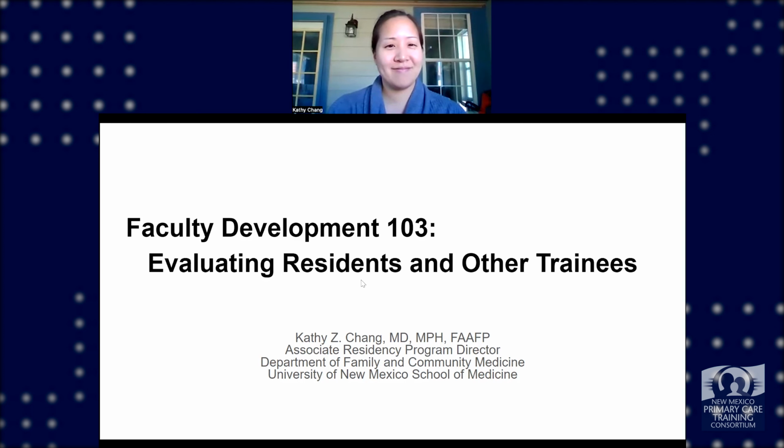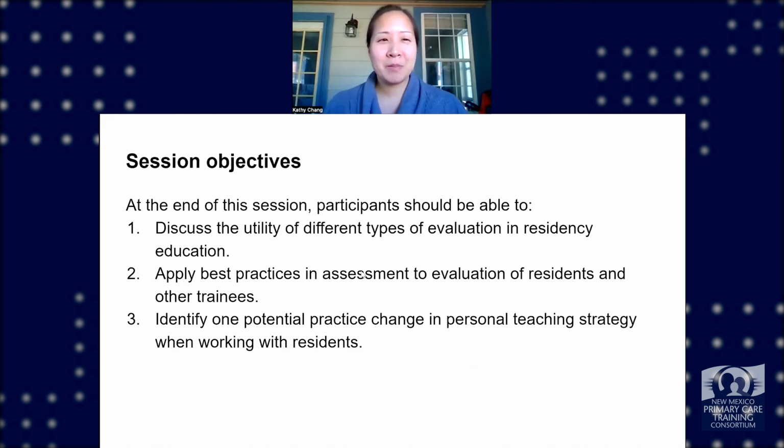What we hope to accomplish today is discussing different types of evaluation that can be used in residency education and being able to apply the best practices in doing assessments that can also be applied to more than just residents. My hope is that those who are here today can identify one potential thing that you might change in your personal teaching strategy when you're working with residents.